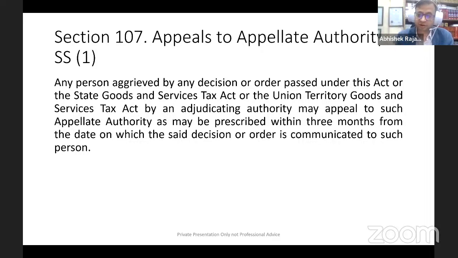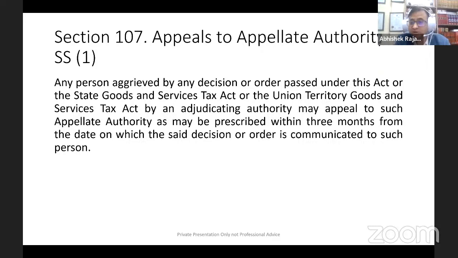And because this order has some financial implications, or it is grossly incorrect, or the decision passed to cancel my registration has stopped me doing my business, because of this cancellation of GST registration, I cannot issue an invoice. And because I cannot issue an invoice, I am not able to earn my livelihood, which is allowed as per Article 21 of the Constitution.